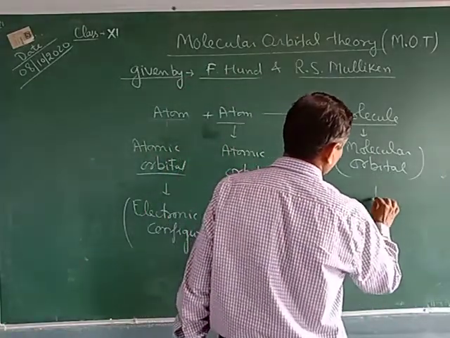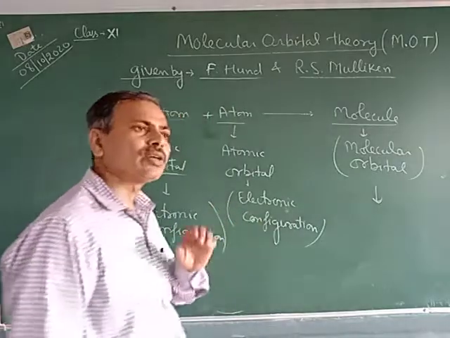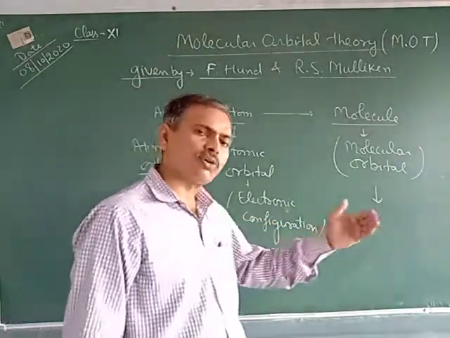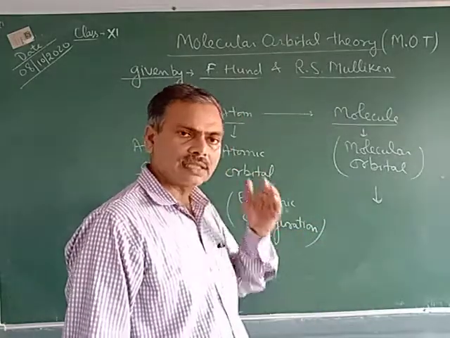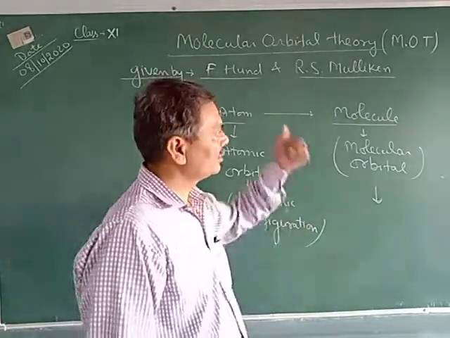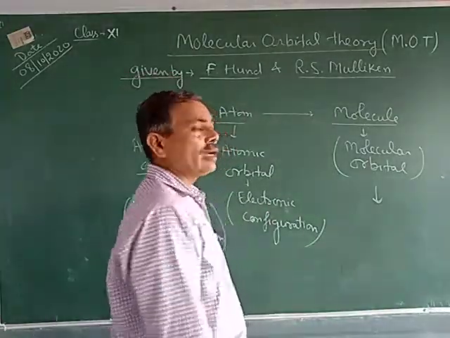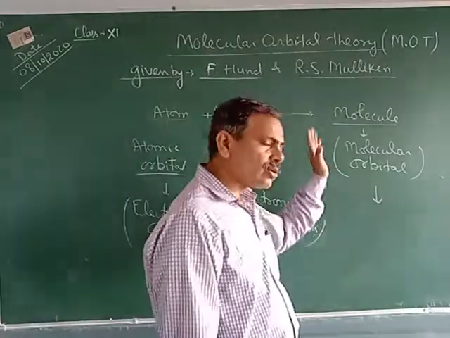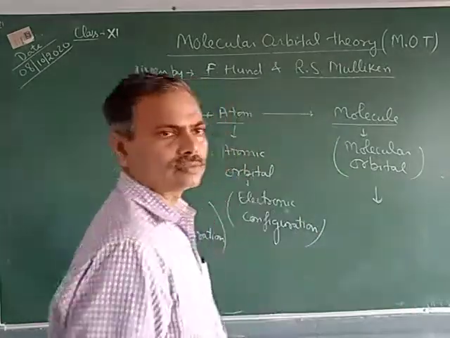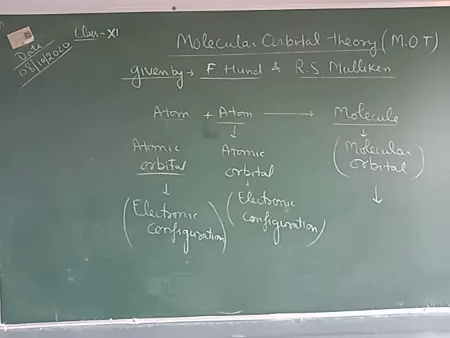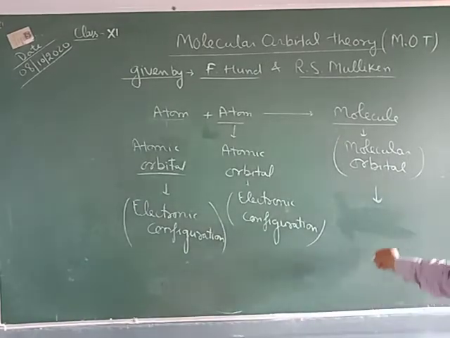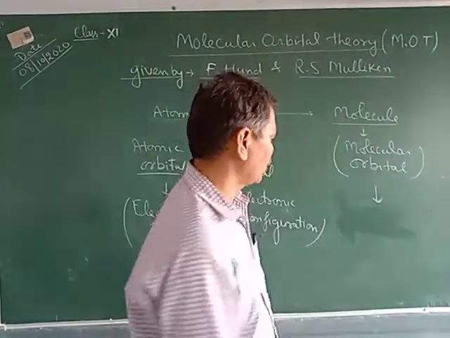Distribution of electrons takes place in the molecular orbitals. That is why you have to study the energy level diagram of the molecular orbital.